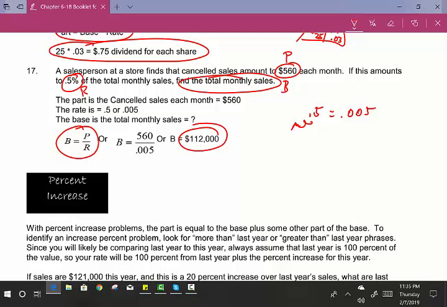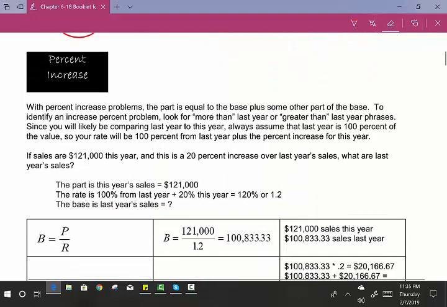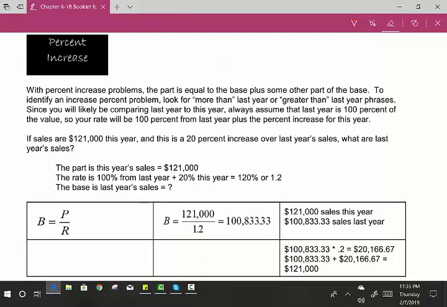Okay, now we're going to look at something a little bit different in these next two components, and this is percent increase. A percent increase usually can easily be identified whenever it's really the part is equal to the base plus some other part of the base.